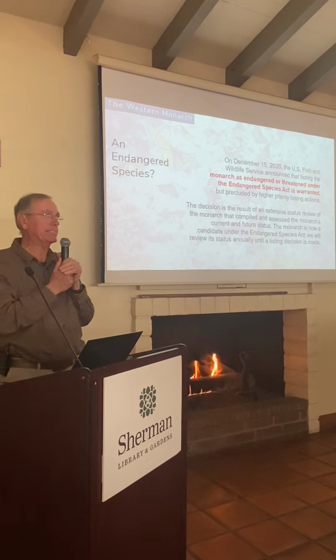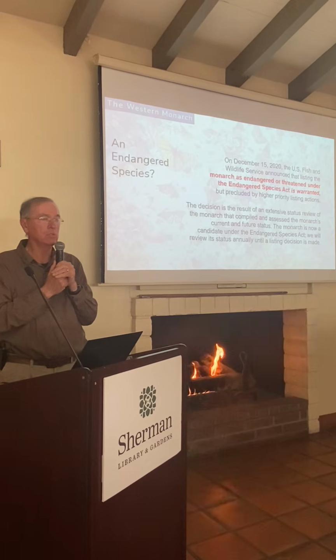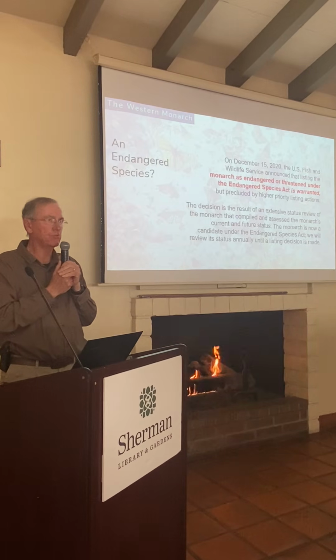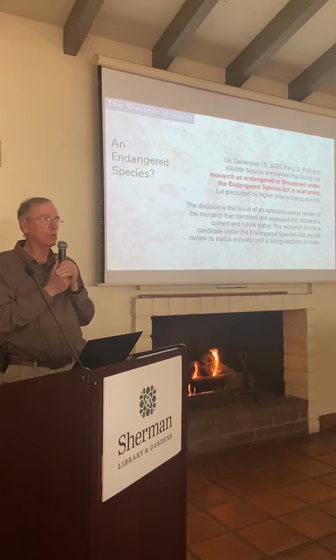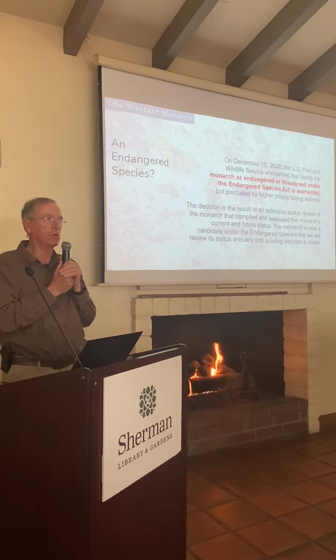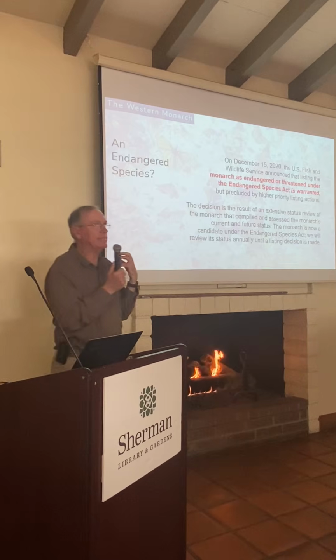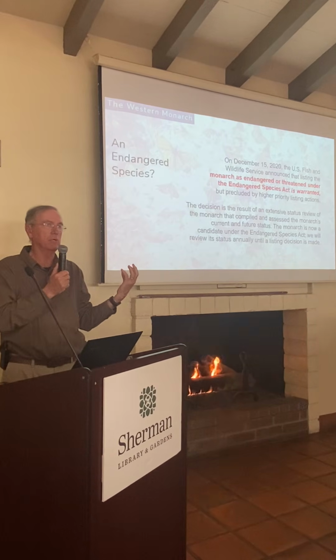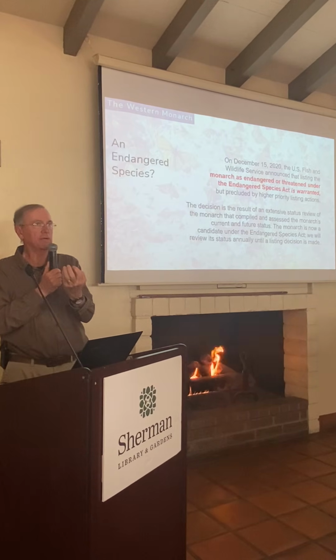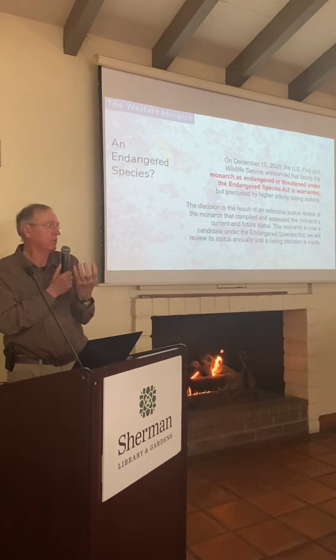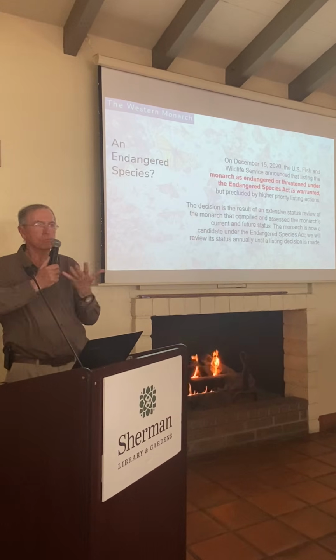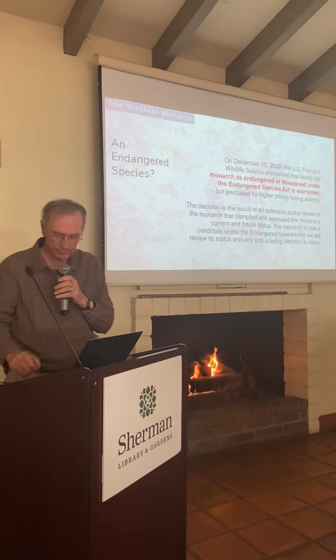Basically, they said yes, the monarch is an official U.S. endangered species, but we don't have enough funds and resources to deal with it. And that was their ruling. So, that's part of their whole statement. But yes, it's endangered. No, Fish and Wildlife doesn't have enough resources to deal with the issue. So interpret that any way you want.